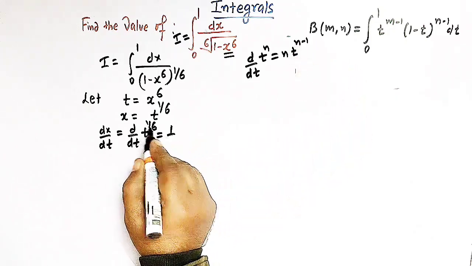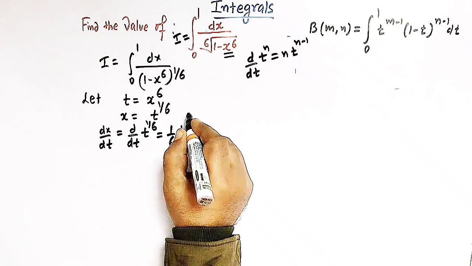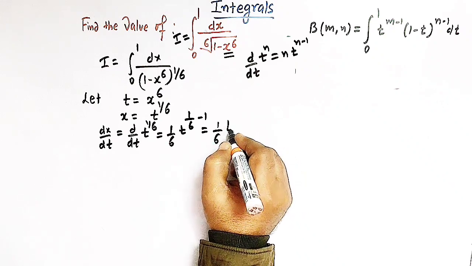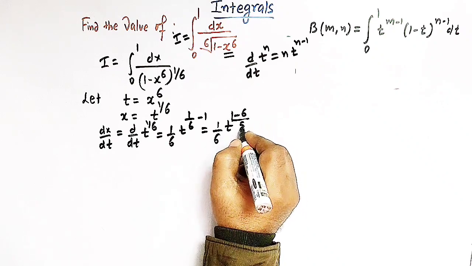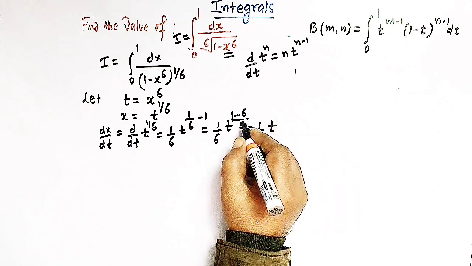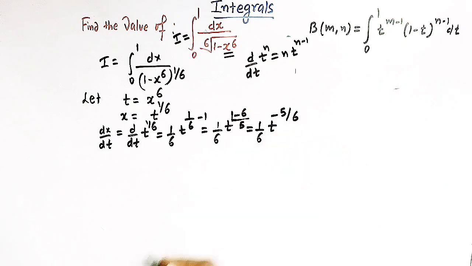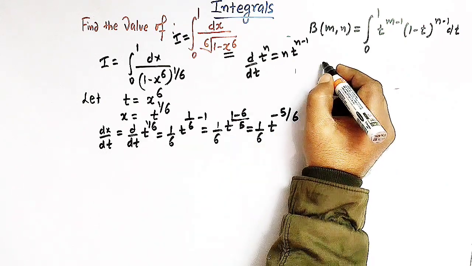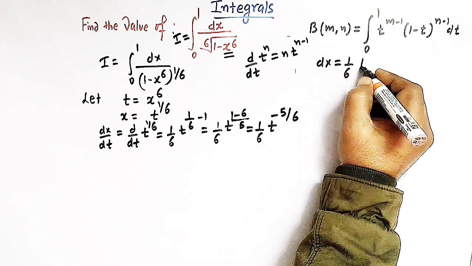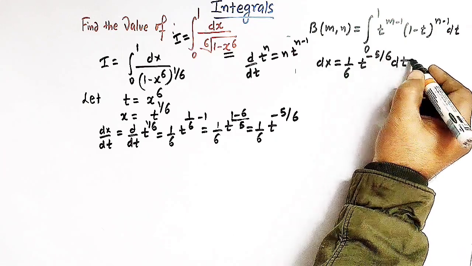So we have n is equal to 1 over 6, so we have 1 over 6 times t raised to 1 over 6 minus 1, that is 1 over 6 times t raised to minus 5 over 6. So now we can write dx is equal to 1 over 6 times t raised to minus 5 over 6 dt.